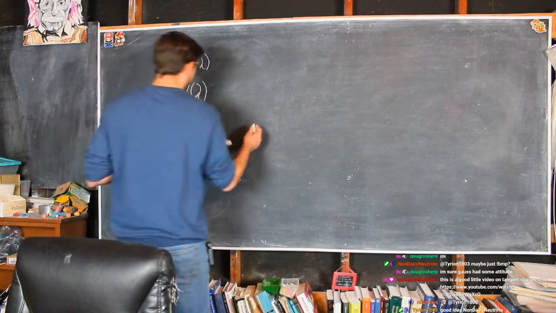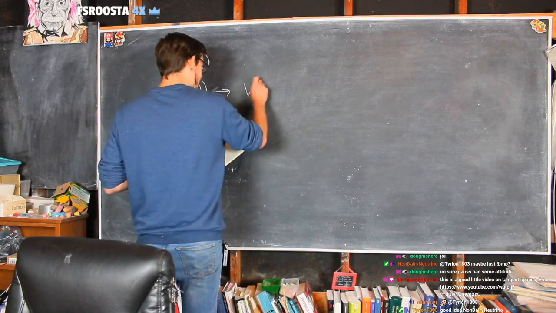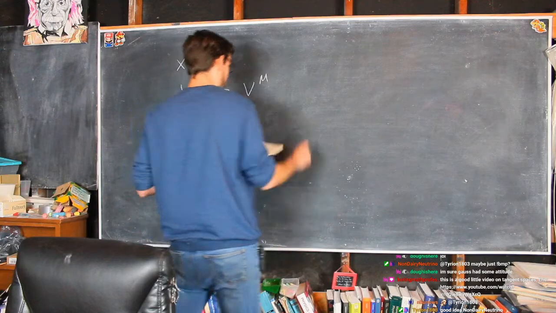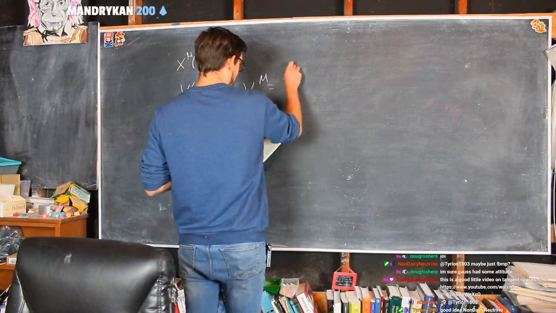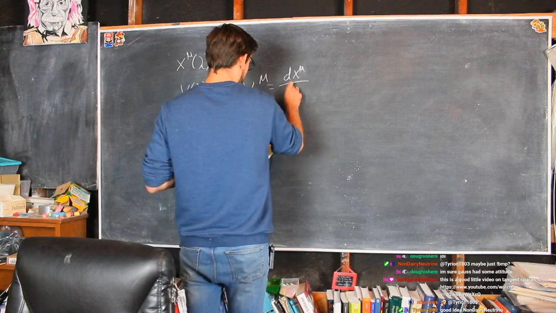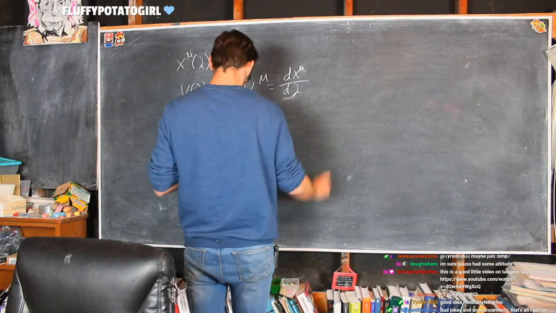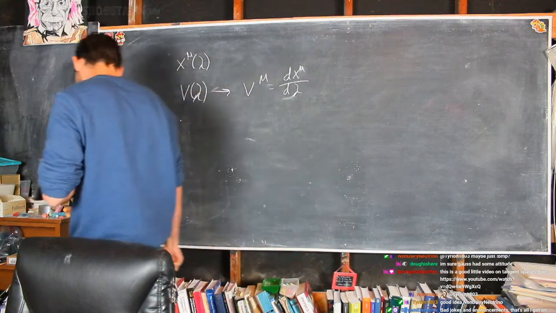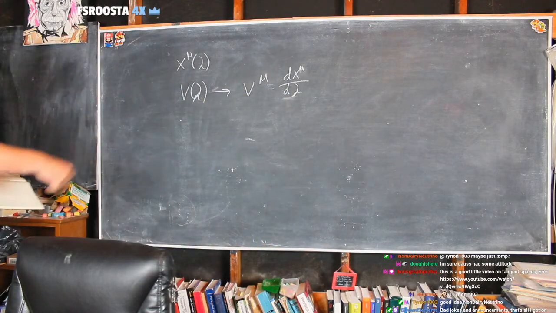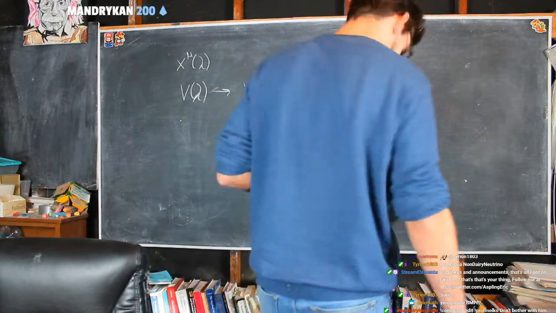The component v^mu is going to be the derivative of that function with respect to lambda. And that's going to be the vector that makes up that tangent bundle or whatnot, right? The tangent bundle, are those the right words to say? I think those are the right words to say.